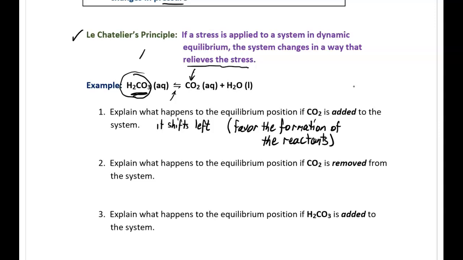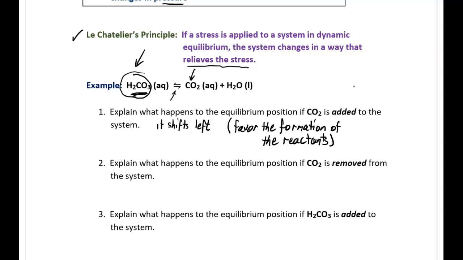Remember, on the left side of the arrow, the stuff that's over here is called reactants. So if the reverse reaction rate increases to overcome that stress, it's going to favor the formation of the stuff on the left side of the reversible reaction.